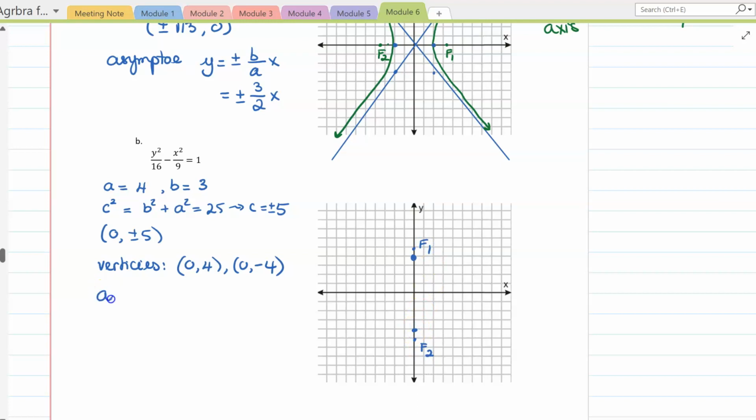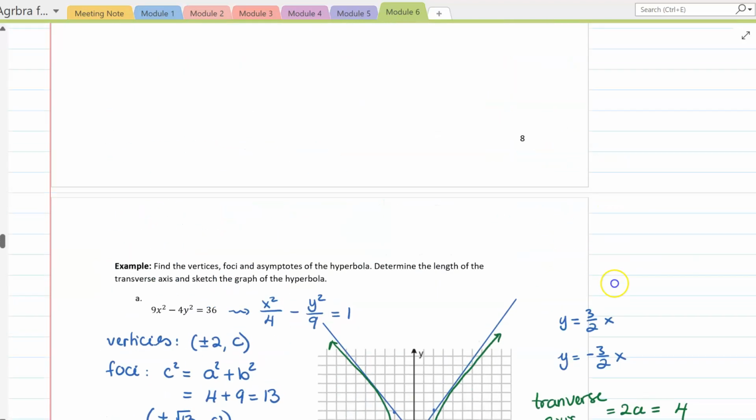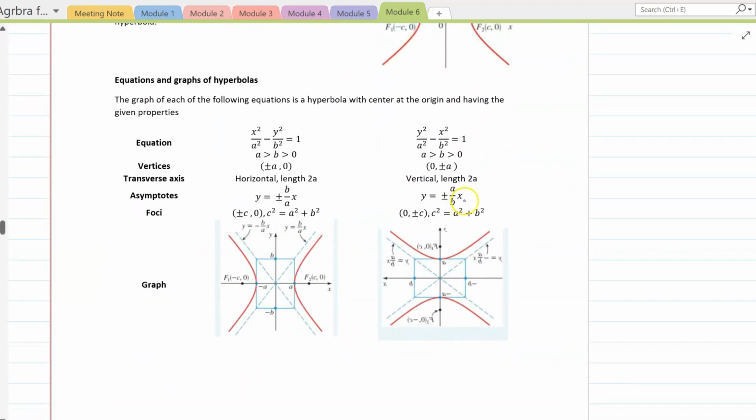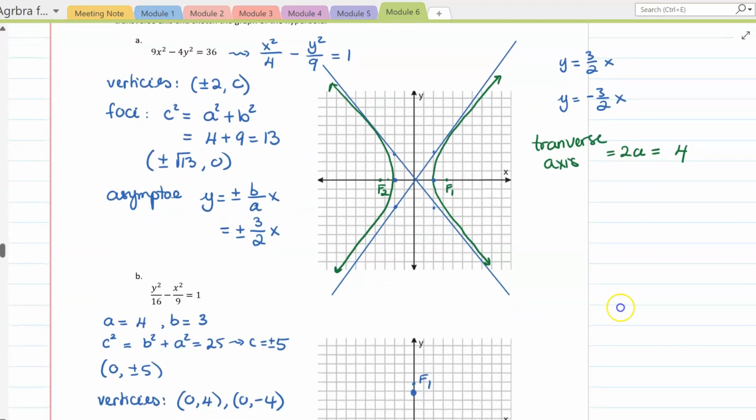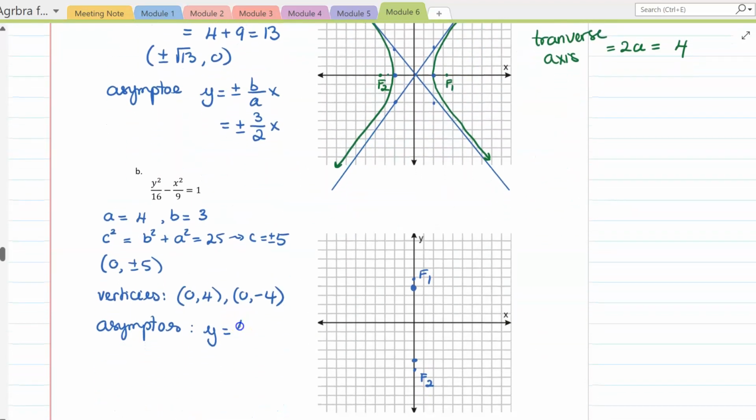Okay, and the asymptotes: y equals a divided by b, so that is plus or minus 4 over 3 x.